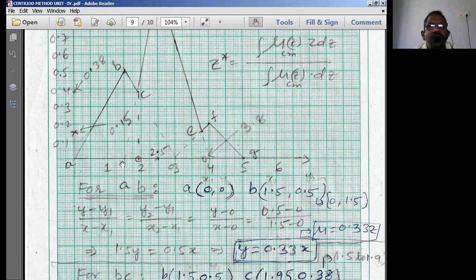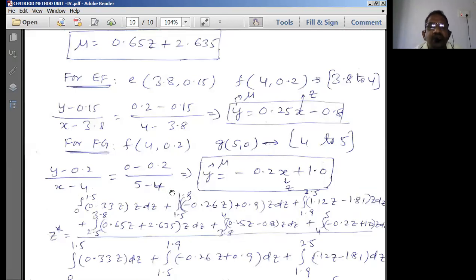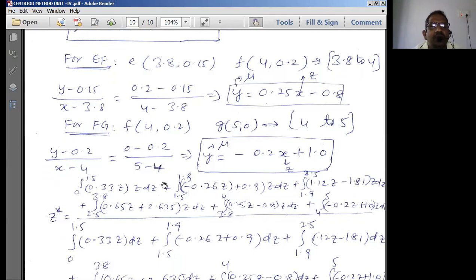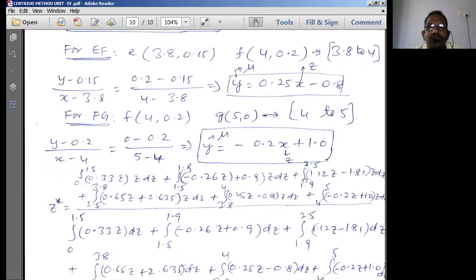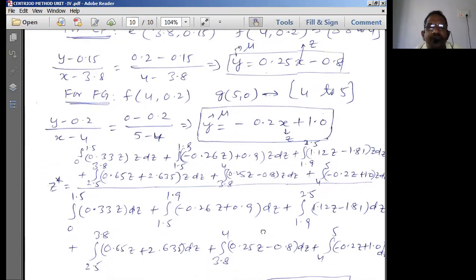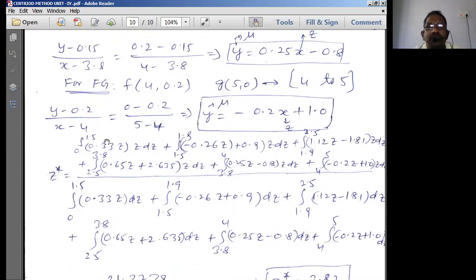Then for BC, integrate this equation over the interval 1.5 to 1.95. Similar to that, we write everything. So we get the numerator using the same formula, extending it for all the straight lines over the given limits.